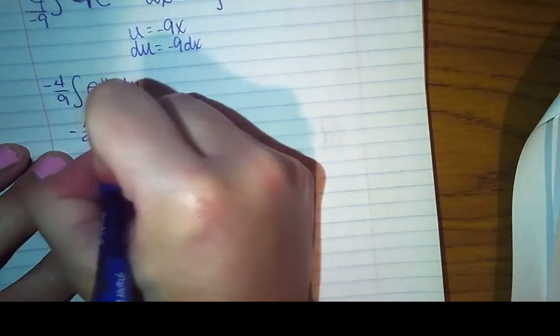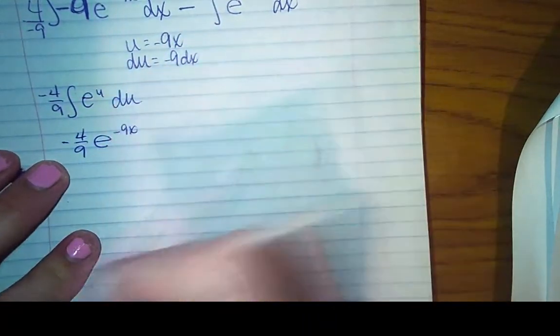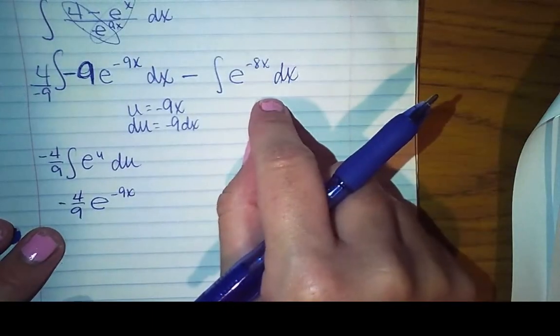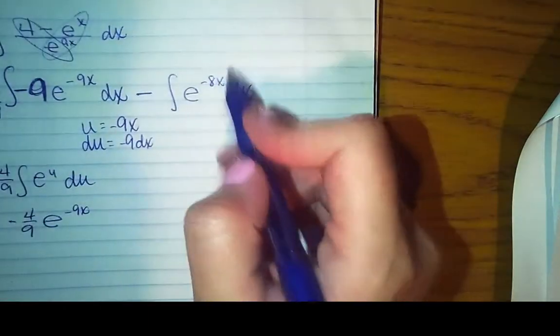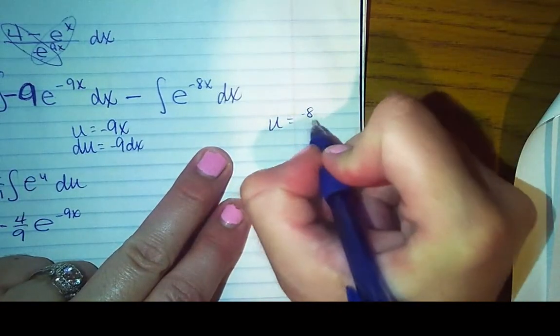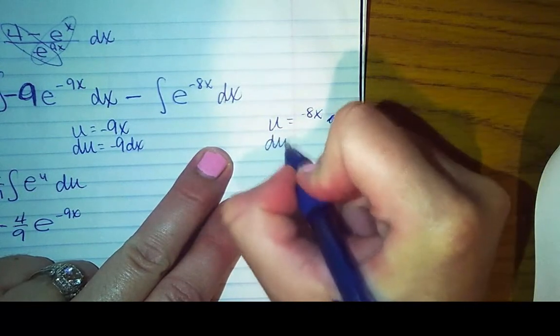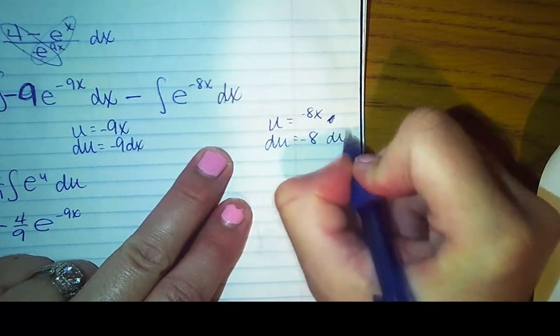Okay. And if we want to finish that, that becomes a negative 4/9 e to the u, which is a negative 9x, plus c. But I'm fixing to add this to it, so I'm just going to put the plus c at the end. So on this one, my u is a negative 8x. And then my du is a negative 8 dx.